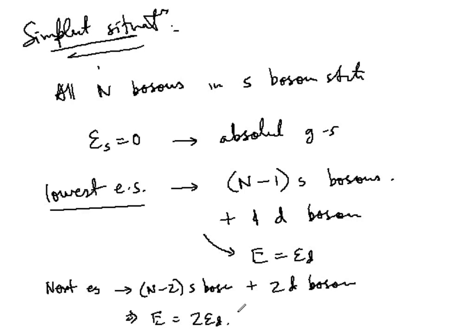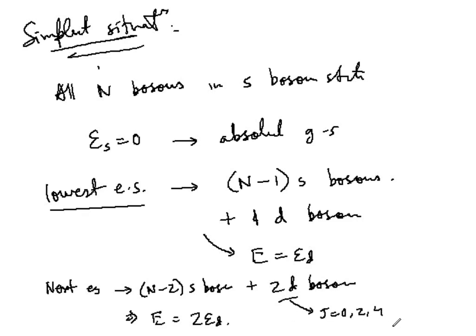Now, have you seen this somewhere? Of course, this you have seen in the vibrational phonon model. So clearly, as in the phonon model, these 2 D bosons can couple to J is equal to 0, 2 and 4.